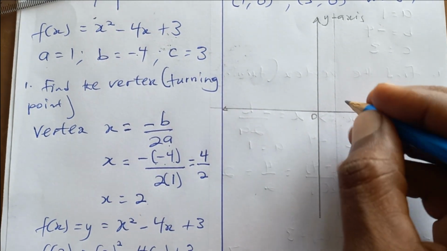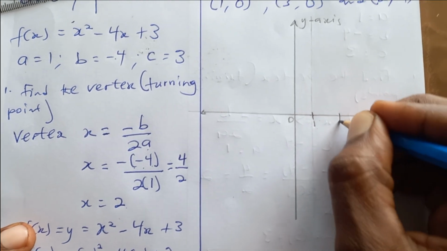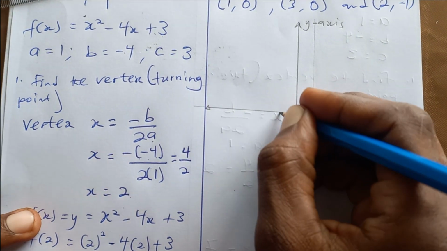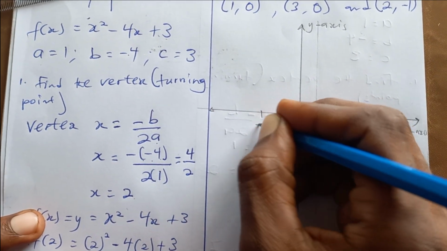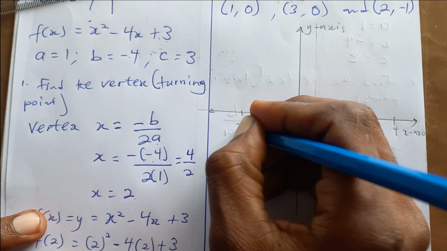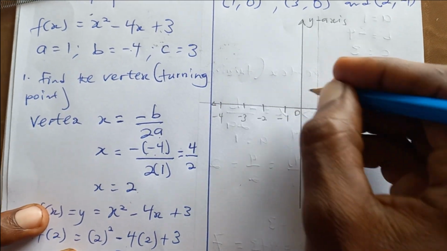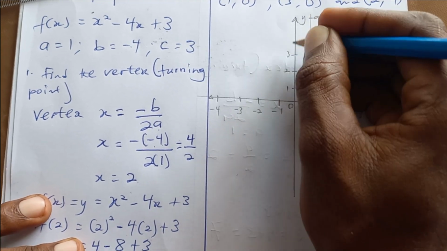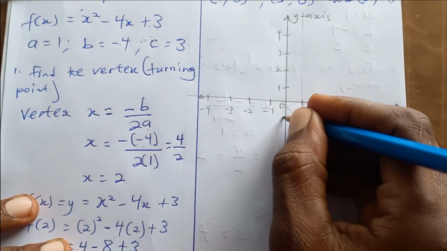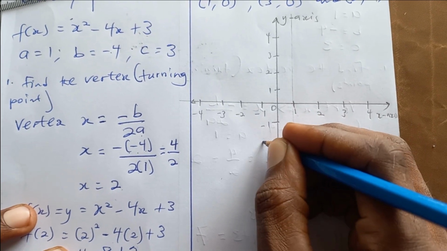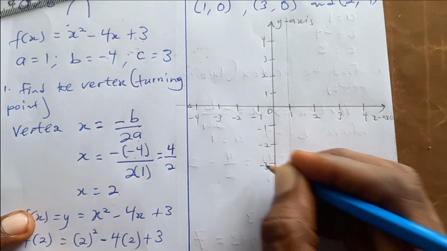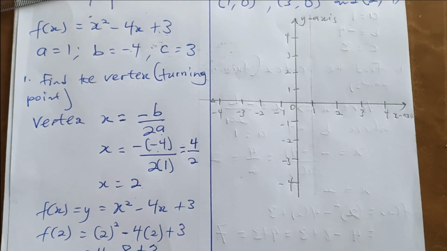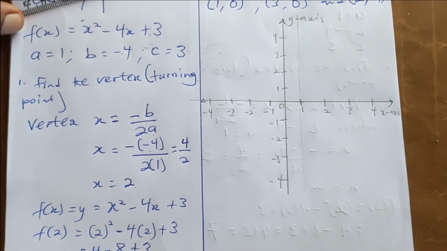So we get our 0, 1, 2, 3, 4, negative 1, negative 2, negative 3, negative 4. We get our 1, 2, 3, 4, negative 1, negative 2, negative 3, negative 4. Good. So I've labeled my xy plane nicely.